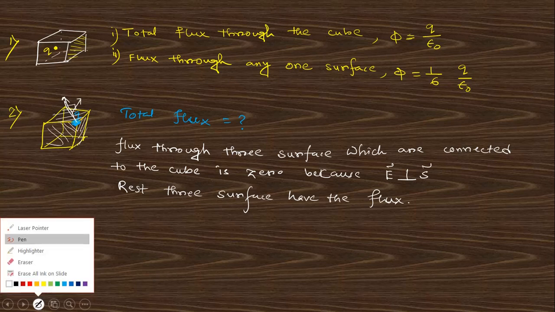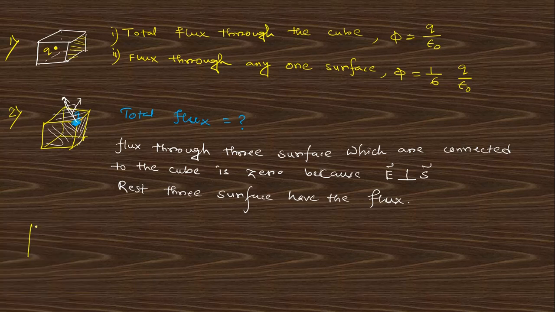For that we can draw an imaginary cube, because to use Gauss's theorem we need the charge to be at the center. This is not at the center, so we can take a cube here with the same direction. From here we can take another, and another cube.